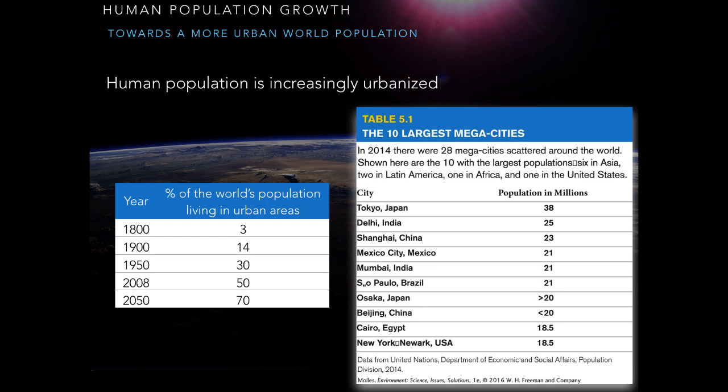Of the 10 biggest cities in the world, only 3 are from developed countries: Tokyo as the first one with 38 million people, Osaka in Japan with above 20 million people in 7th position, and the last one, New York in the US. That means only a third of the biggest cities are found in developed countries. Most of the megacities tend to be found in developing countries, and that also has a huge societal impact on those countries. But we'll have a chance to talk about that later in this course.